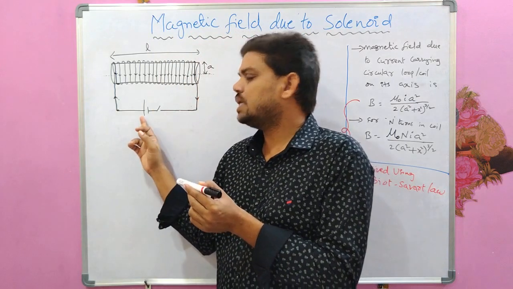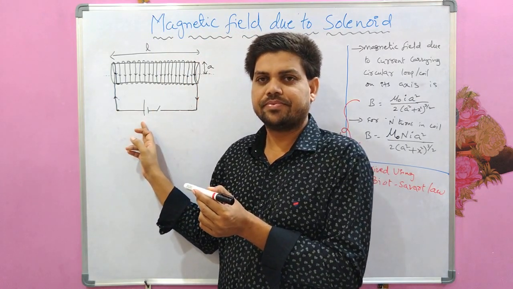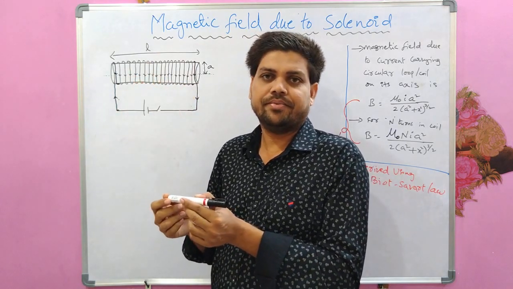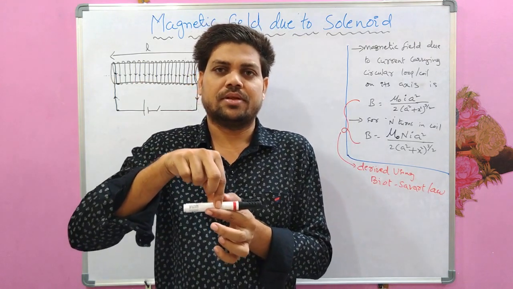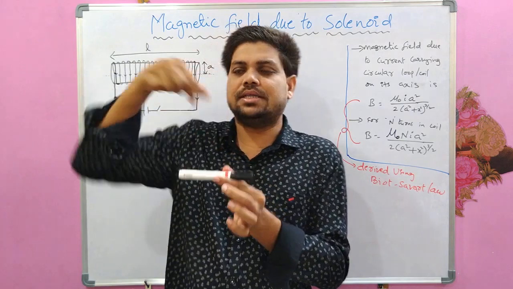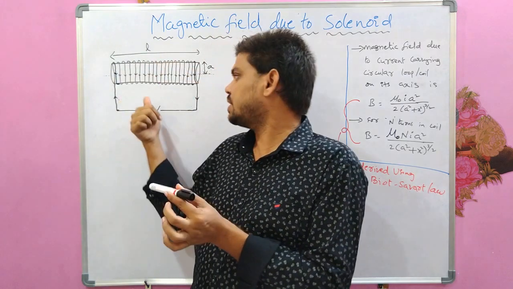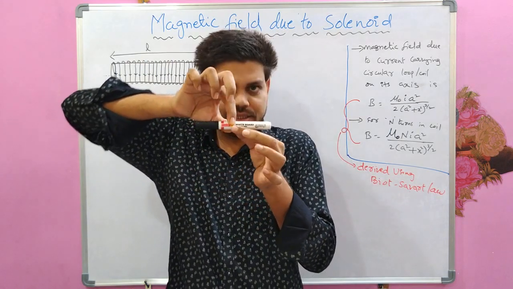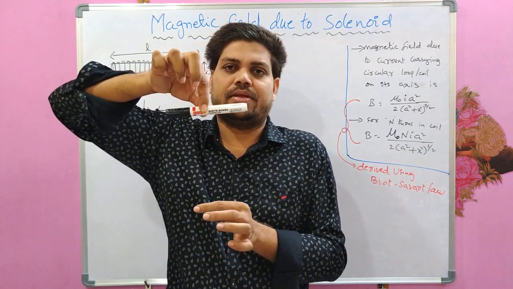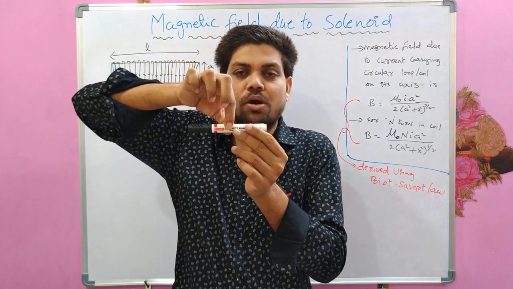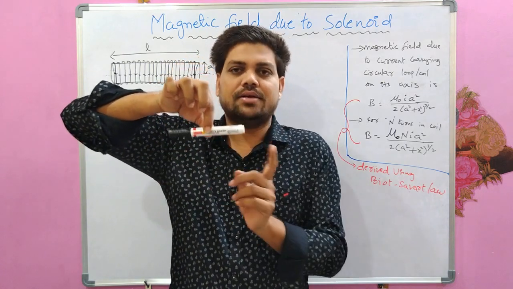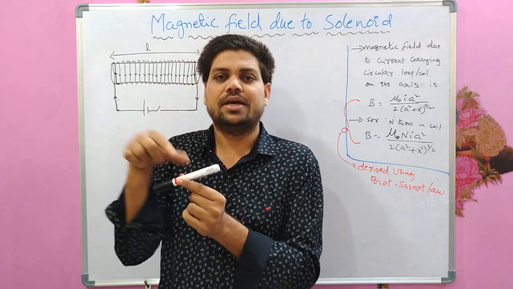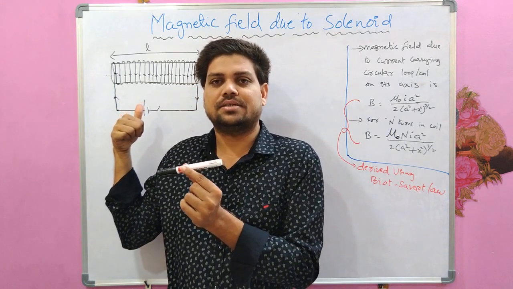If you change the polarity of the battery, which means that the current direction is reversed in the solenoid, and you again suspend this solenoid after reversing the current in it, the solenoid will rotate through 180 degrees like this, which means the poles of the solenoid, which is acting like a magnet, are now interchanged because of the current direction reversing.